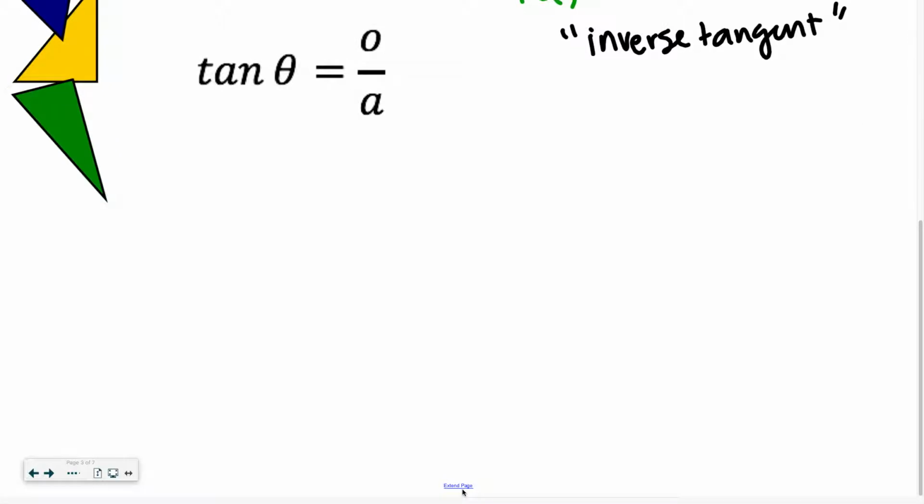Now, with your calculator, make sure your calculator is in degree mode. See if you can do the inverse sine of square root 3 over 2. To get the inverse sine, you're going to use the second button.